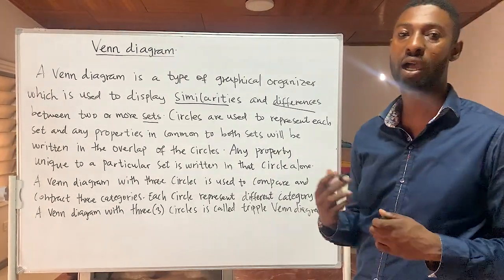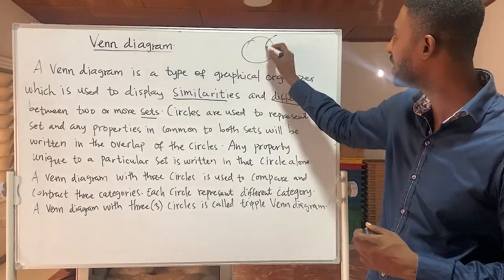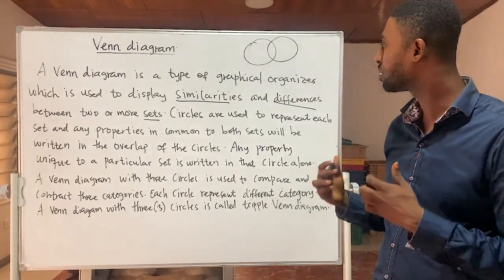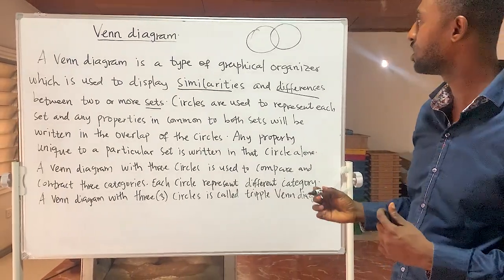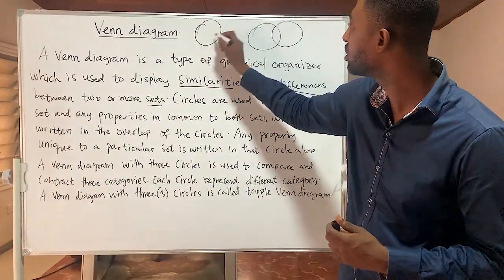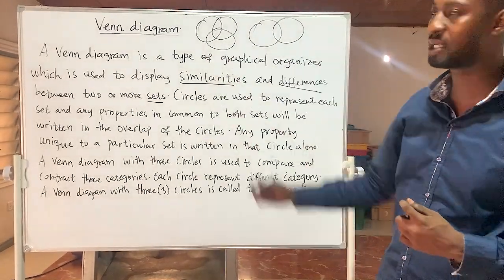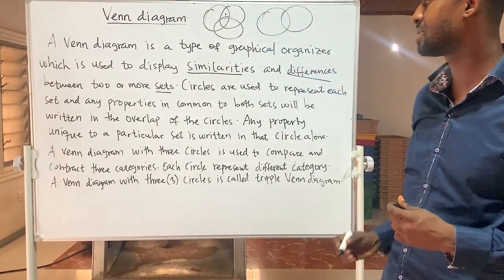So in case you are having two data sets, it means you'll be having two circles. And this is what we call a two-set problem. And if you have three circles, it means we are talking of three data sets. So that one, we have 1, 2, 3. And this is what we call a three-set problem. So for this lesson, we'll be looking at the three-set problem.